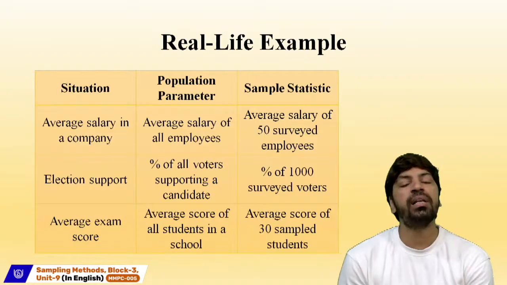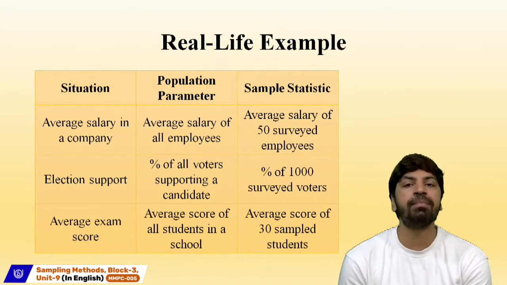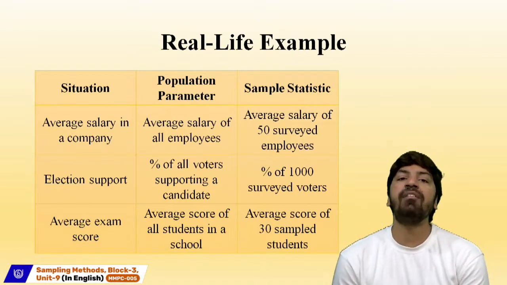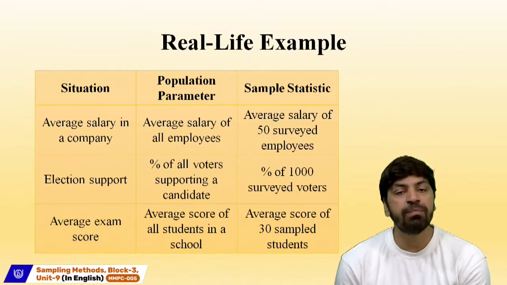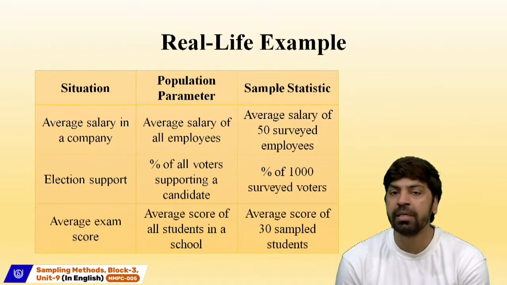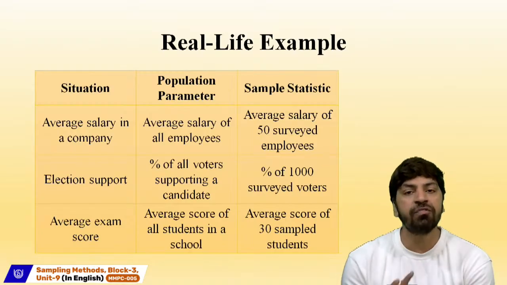These are real life examples of the population parameter and the sample statistic. A situation would be the average salary in a company. What would be the population parameter? That is the average salary of all employees. Sample statistic, that is the average salary of the 50 surveyed employees.